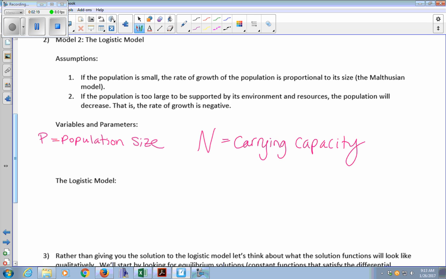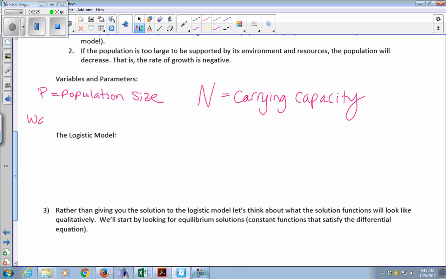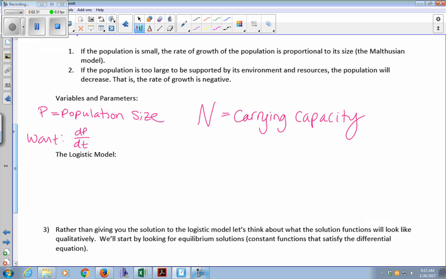So I need to write a model that captures these two assumptions. What I want for dP/dt, the rate of growth of the population, is for it to be positive when P is small.